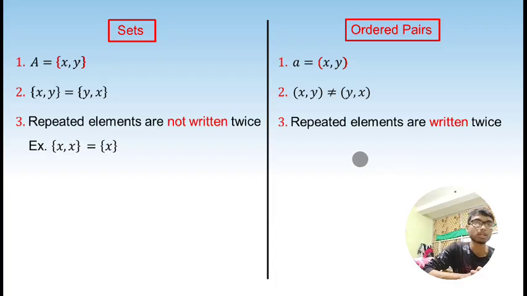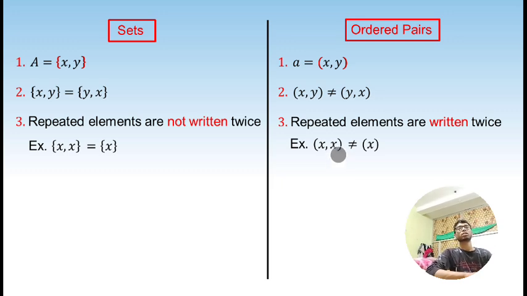Here repeated elements are written twice, so this will not be equal to a single element. Here we should have two elements.